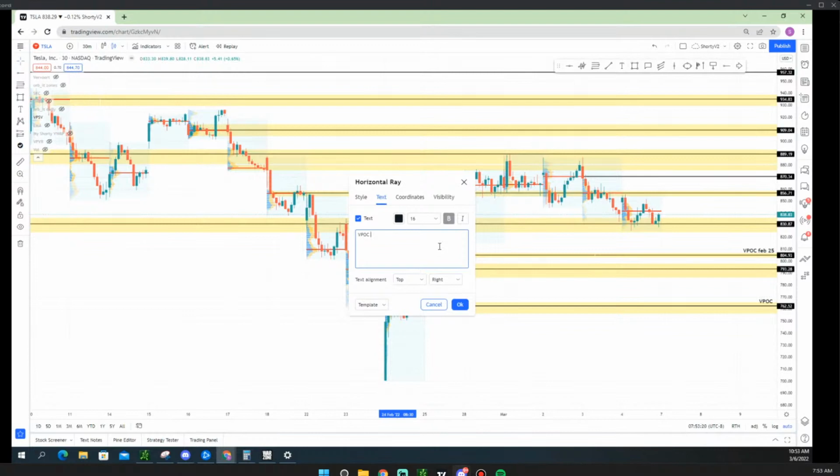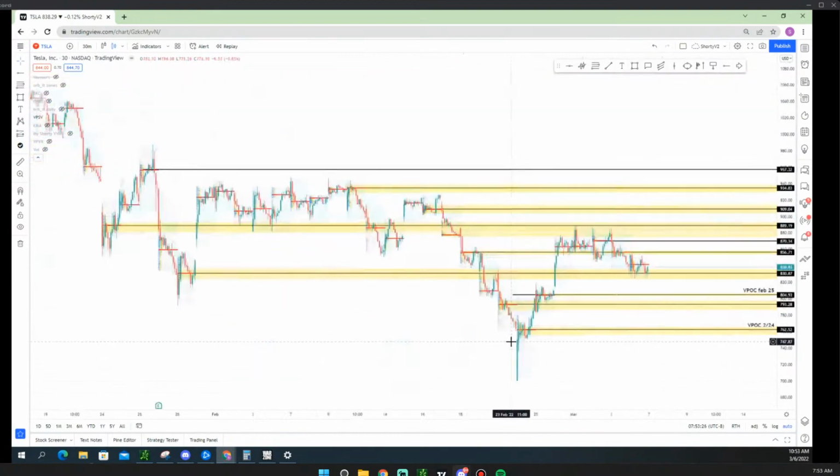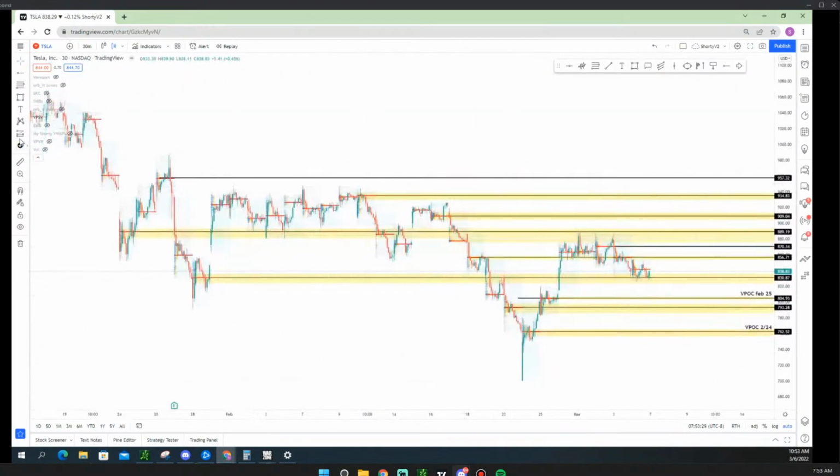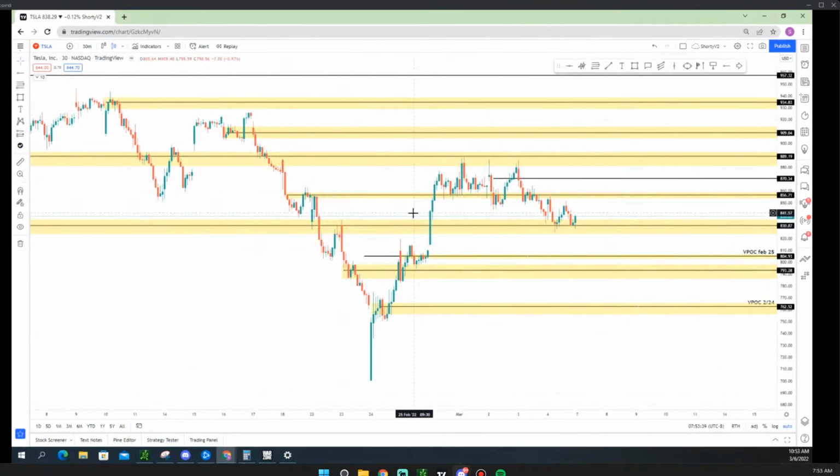This is Feb 24. So this becomes really the chart that we are after on Tesla. I would delete this zone here, and keep these zones as my levels on Tesla.